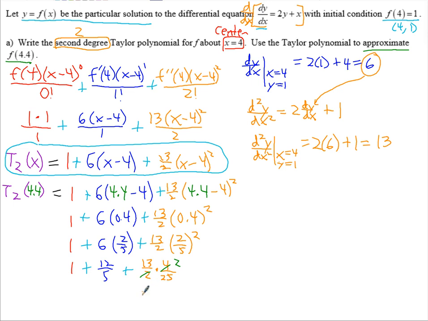So we can just get a common denominator of 25 here. So you multiply this one by 5 over 5. 5 times 12 is 60. So it would be 60 over 25. And 1 just multiplied by 25 over 25, so you get 25 over 25.